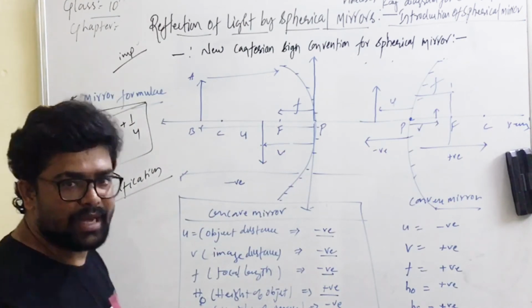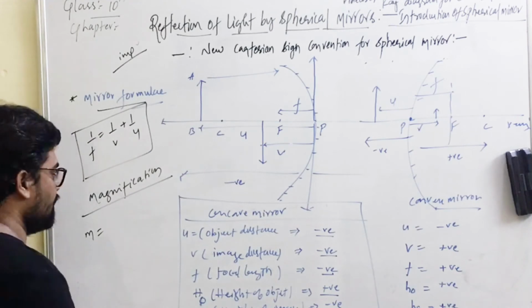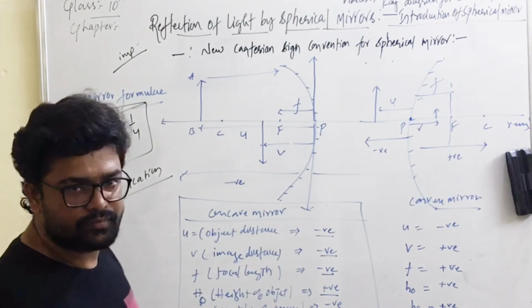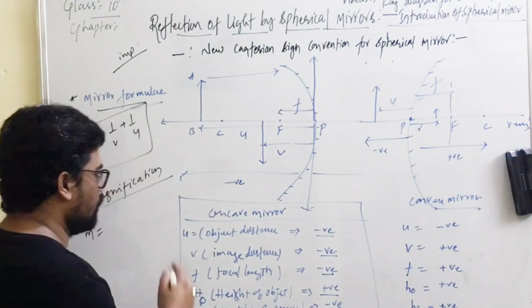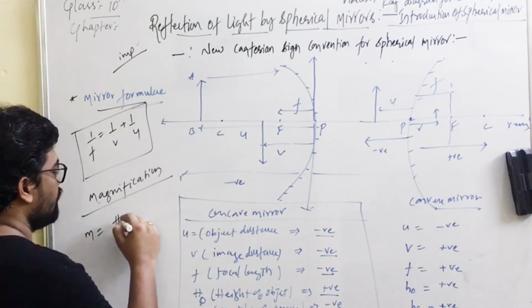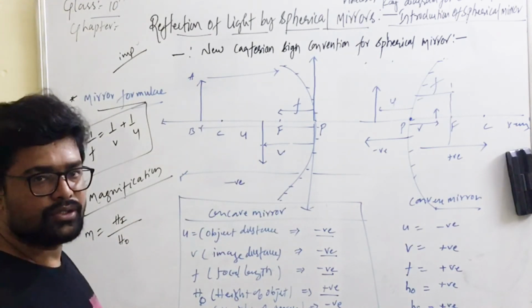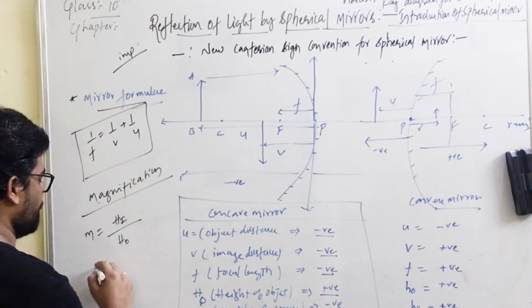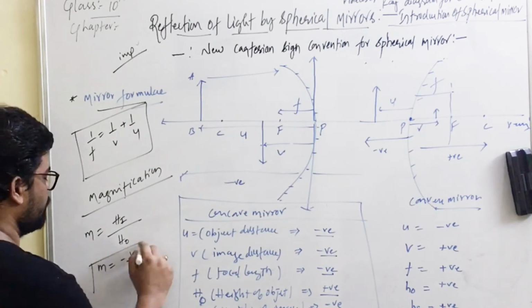Magnification is denoted by letter M. It is the ratio of the height of the image to the height of the object, that is hi by h naught. It is related to object distance and image distance as m is equal to minus v by u.